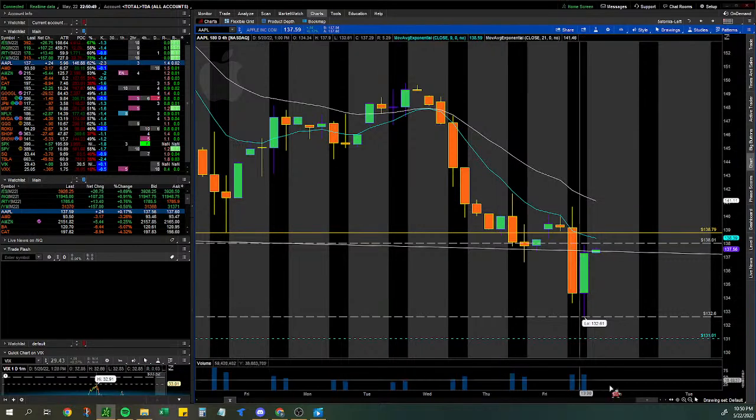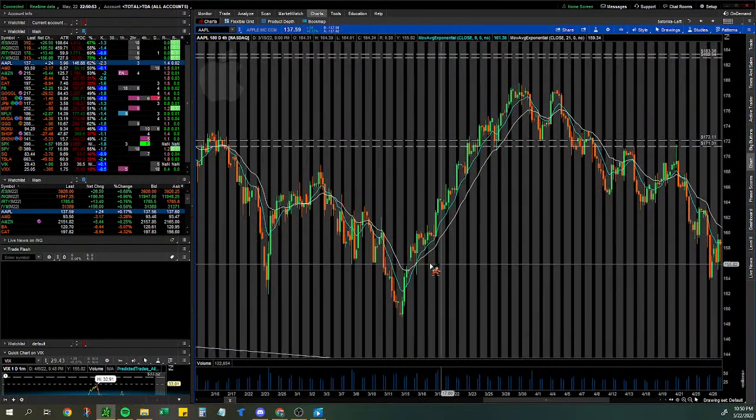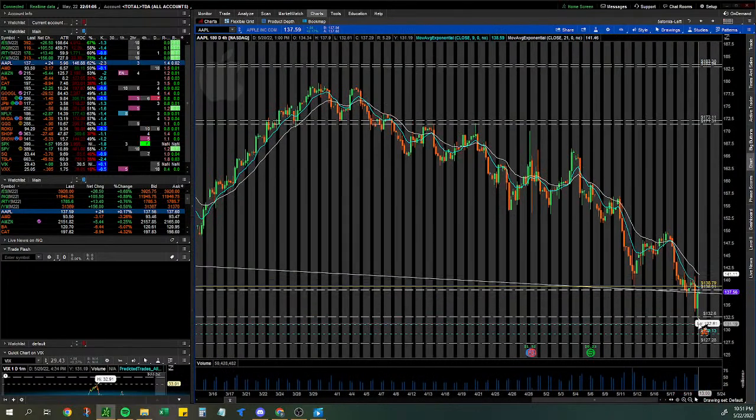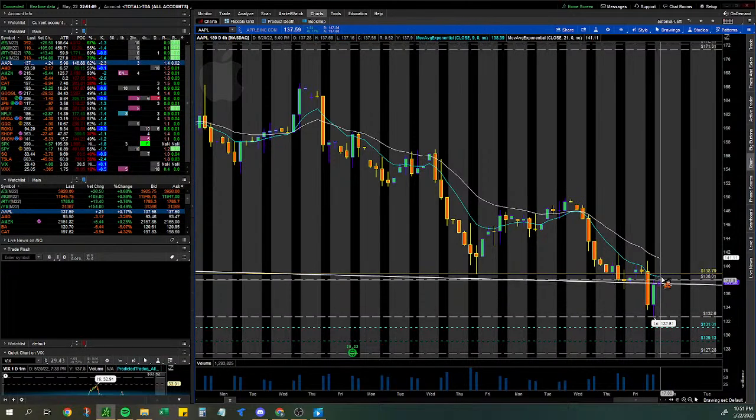So if you want to see examples of these things when they reverse, you can go back and see a tap, and in one day back up to and taking off. So we could be setting up for something like that, where we are gapping back up to, holding support, taking off through. It could be a turning point.